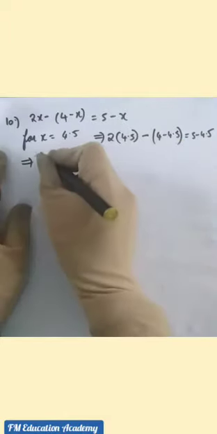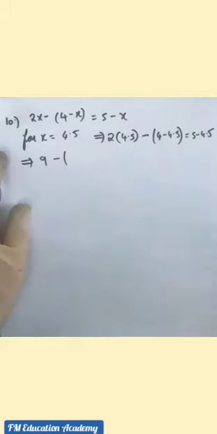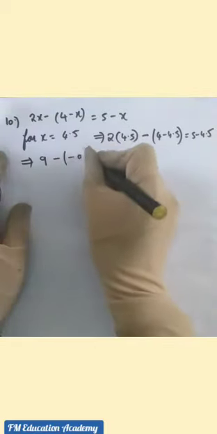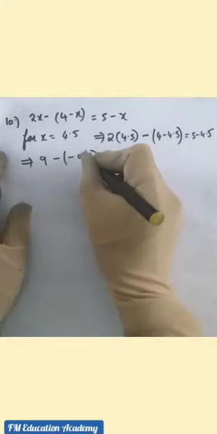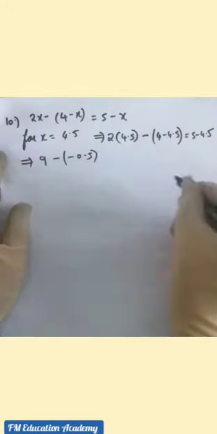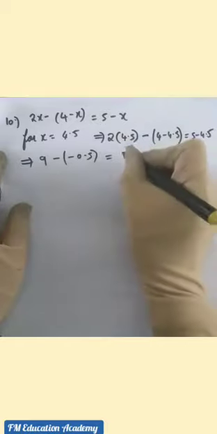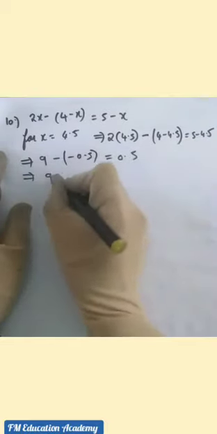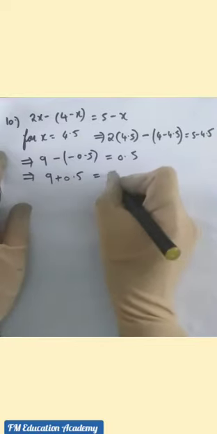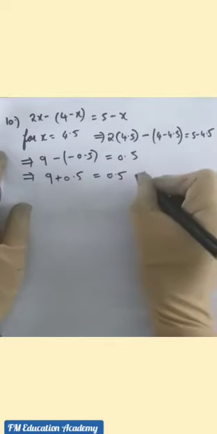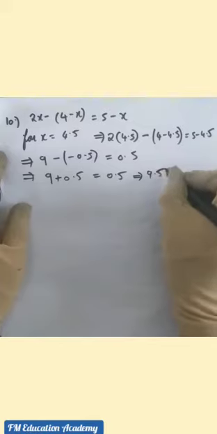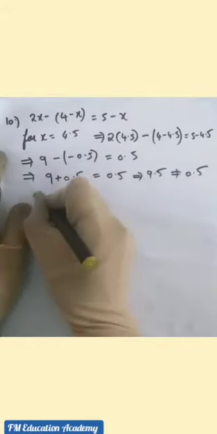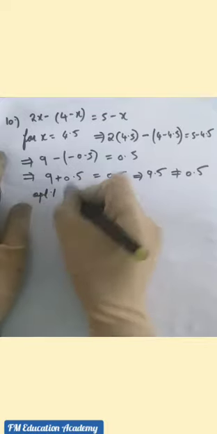We know 4.5 into 2 is 9 minus 4 minus 4.5 is minus 0.5, because 4.5 minus 4 is 0.5 and bigger number sign here is minus, is equals to 5 minus 4.5 means 0.5. Now 9 as it is, minus into minus plus 0.5 is equals to 0.5. Of course 9 plus 0.5 is 9.5. Is 9.5 equal to 0.5? No, it is not equal. So it cannot be option 1. That is x is not 4.5.